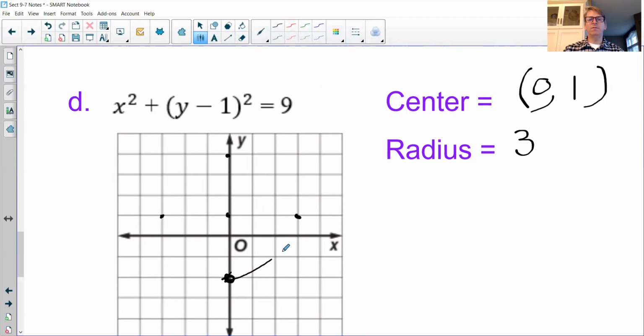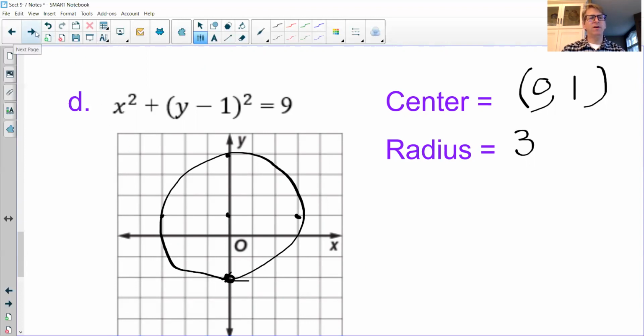Here we go. Circle up, round, over, and to the beginning. So be on the lookout for those types of questions where you're actually graphing the circle and you're determining the center and radius given the equation.